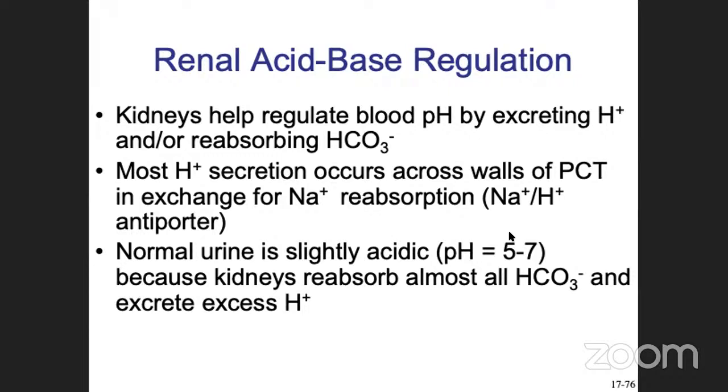And most hydrogen ion secretion occurs across walls of the proximal convoluted tubule in exchange for sodium reabsorption. Normal urine is slightly acidic, but if you have alkaline or basic urine, it can be some other condition where you can find higher concentration of bicarbonate.